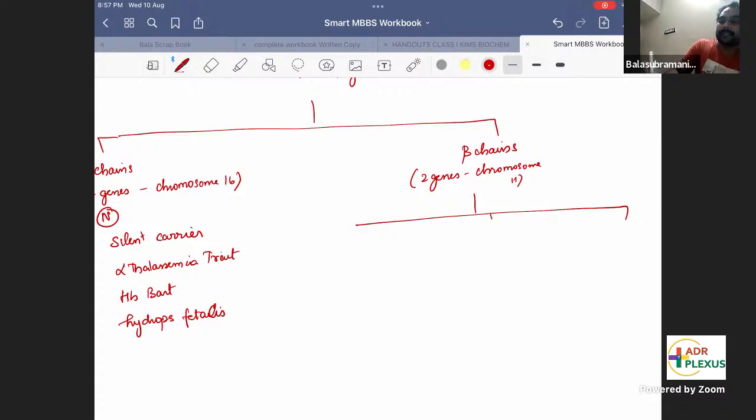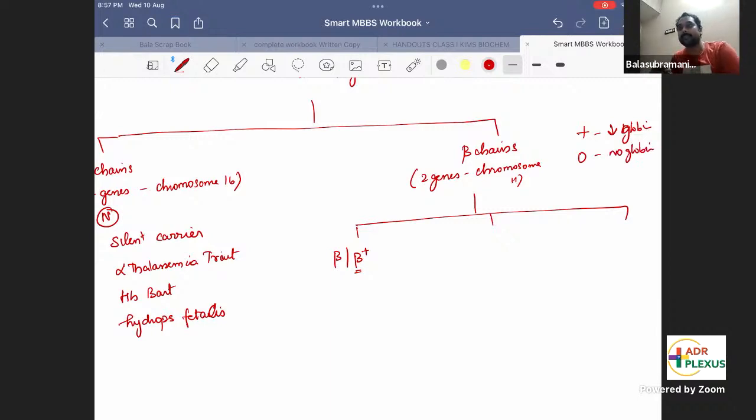Now we know that the beta chains are 2 in number. So there may be conditions where one of the beta chains is normal and one of the beta chains is producing, if it's a plus symbol, less beta chain.